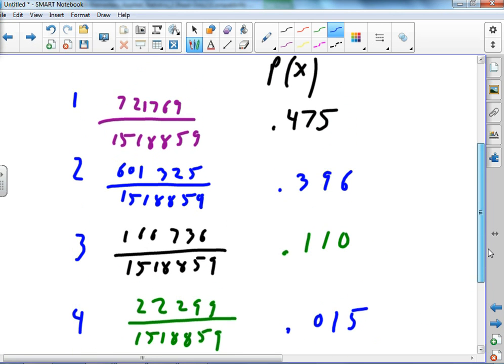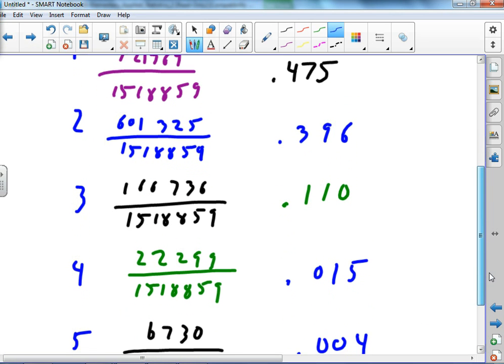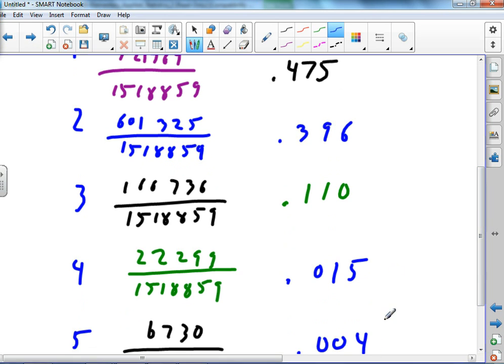And then I'd sort of like those guys all to add up to 1, and it looks like they are. If they didn't, I'd go back and go with 4 significant digits so I could get closer. But yeah, they add up to 1, so that means I'm happy with that.